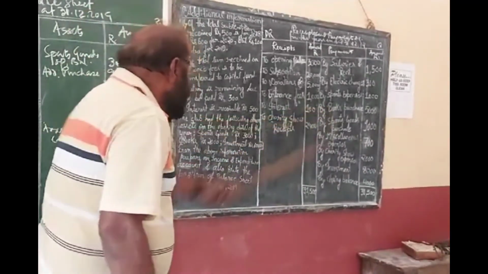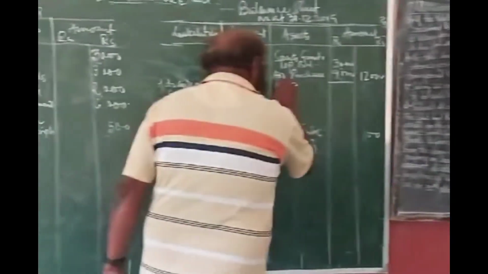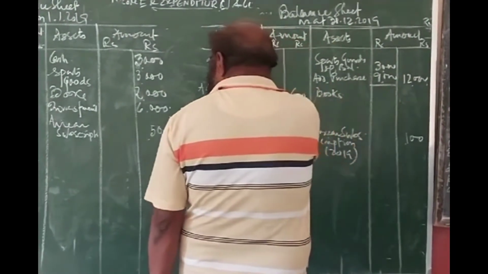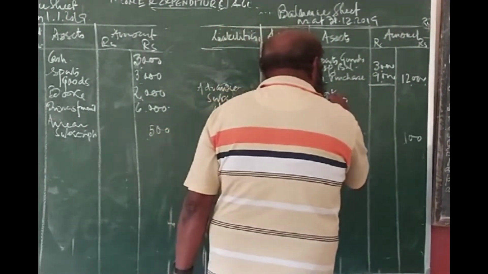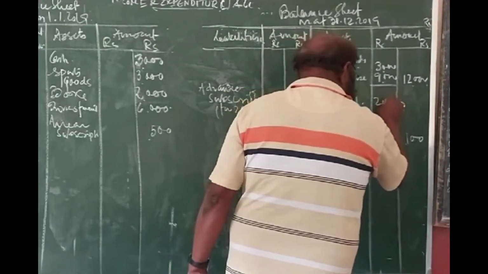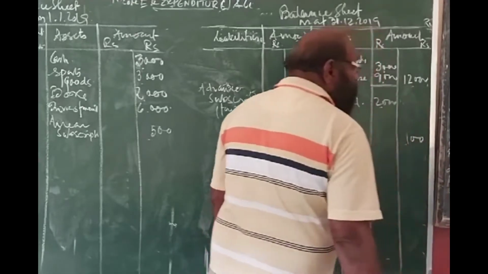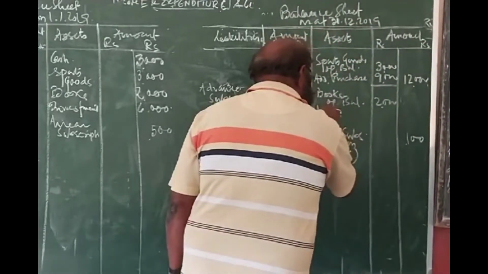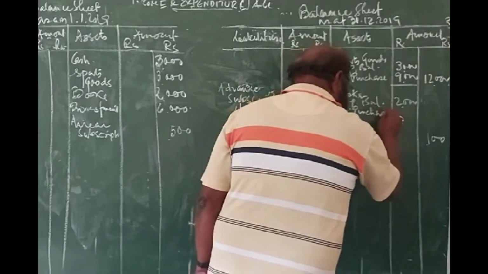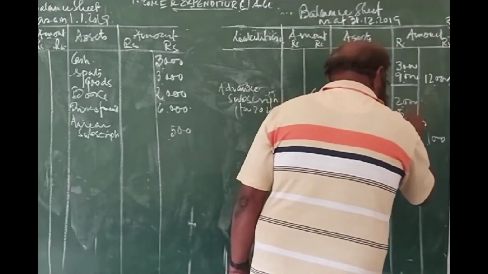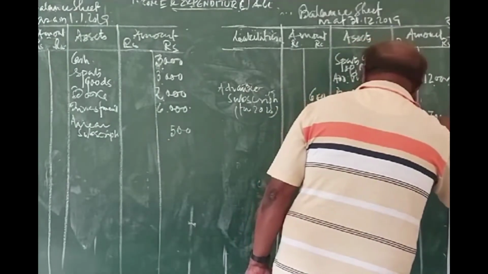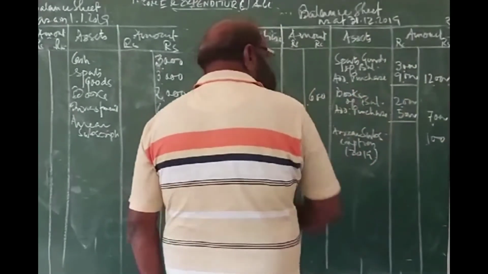Books. You have the opening balance of books of how much? 2,000. And you have purchased books of rupees 5,000. You had investment of rupees 6,000.